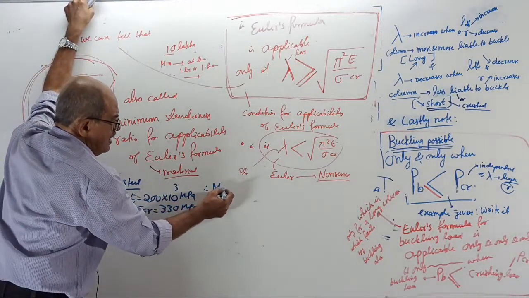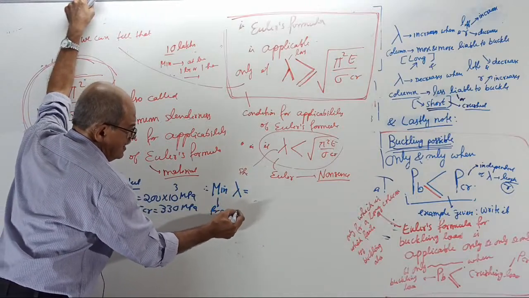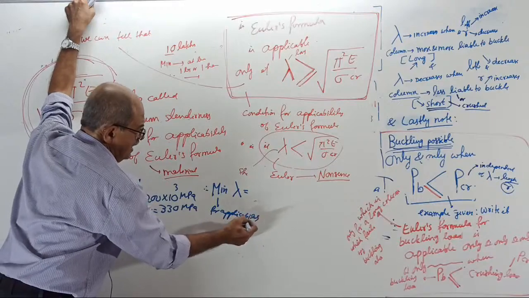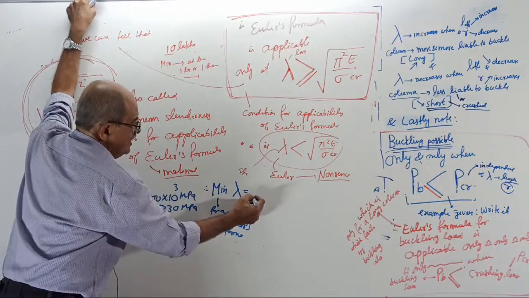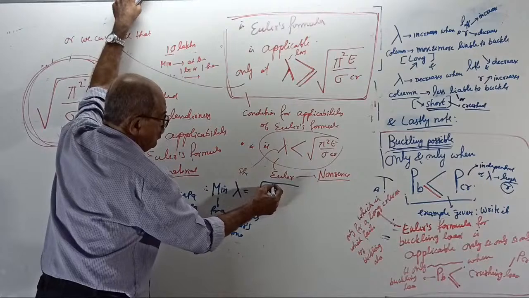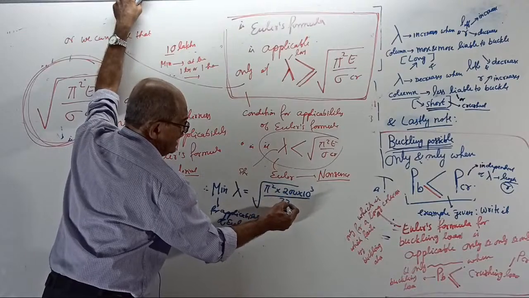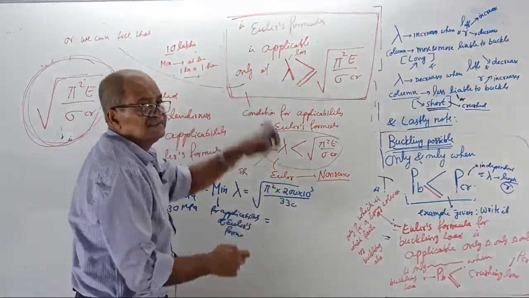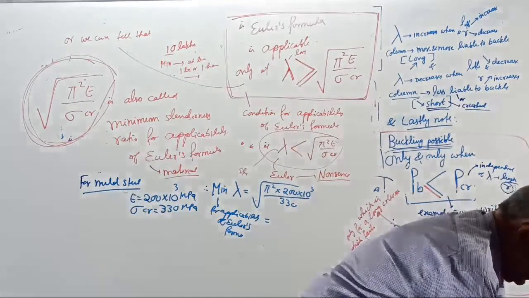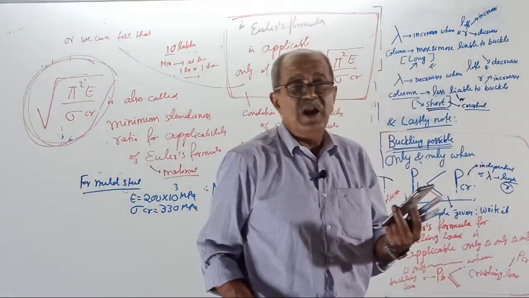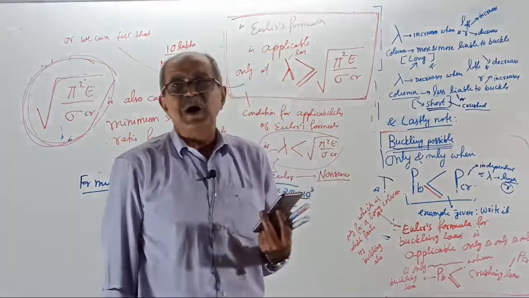Therefore, tell me the minimum lambda for applicability of Euler's formula. It is the square root of π² times 200×10³ divided by 330. Tell the answer; around 80 will come. For mild steel, its value is around 80.